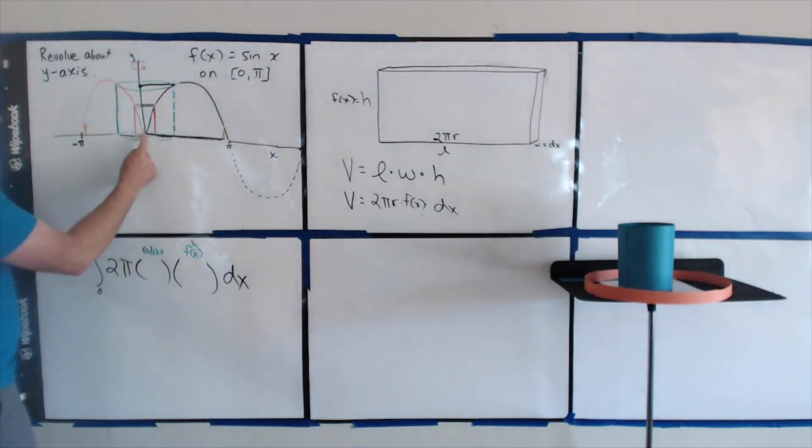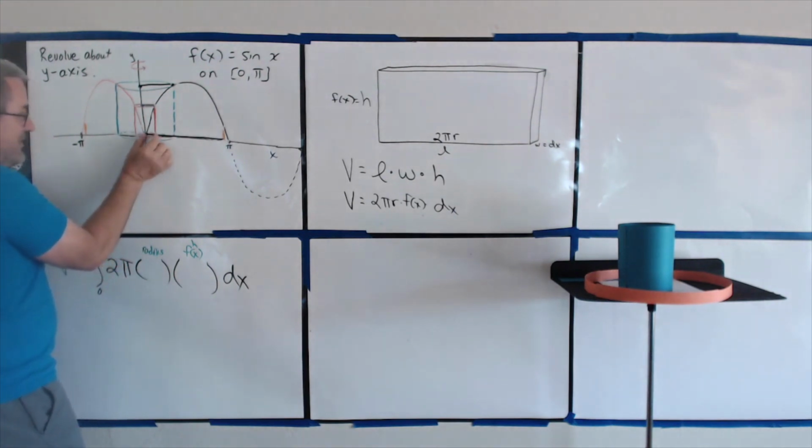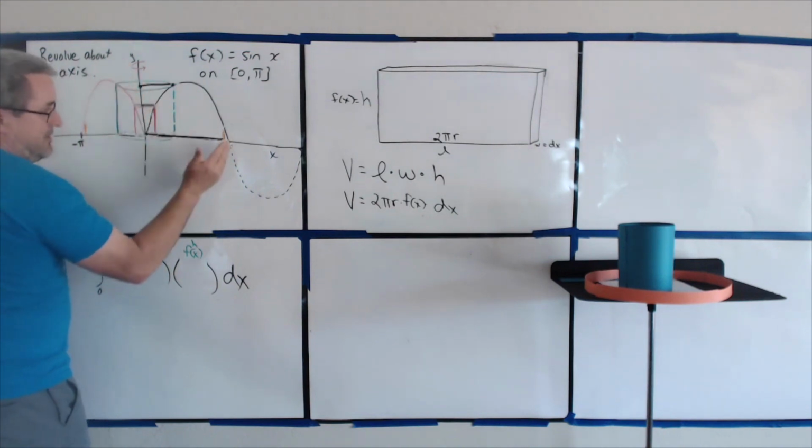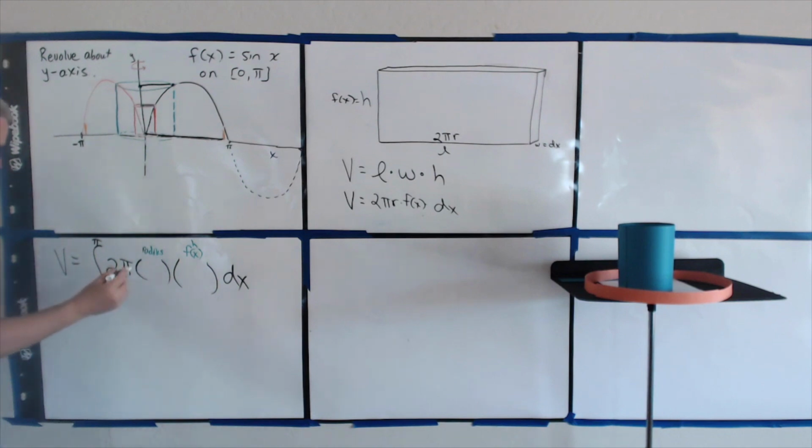See, when x is 0, there's a hypothetical or theoretical shell that has a radius of 0. And then when x is 0.2, there's a radius of 0.2. When x is 0.4, there's a radius of 0.4, etc., until when x equals pi, we have that theoretical shell of radius pi. So the radius just varies from 0 to pi as x varies.